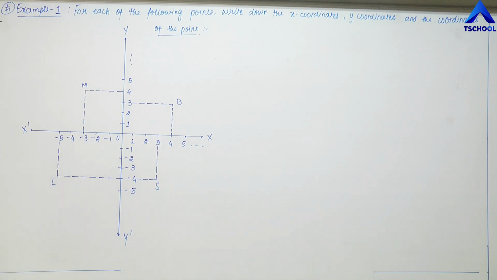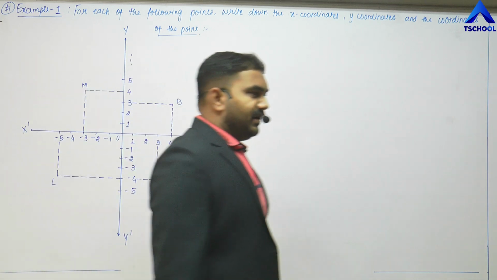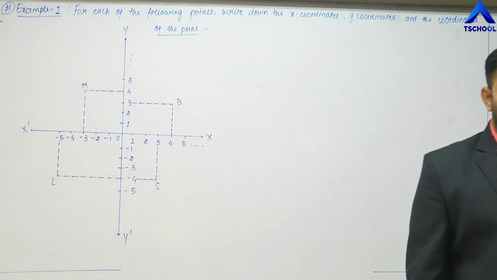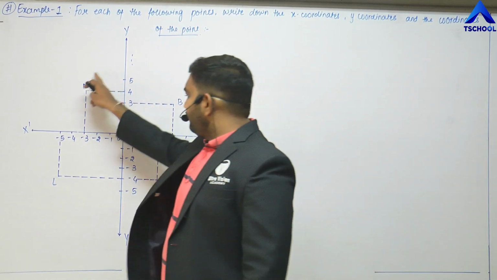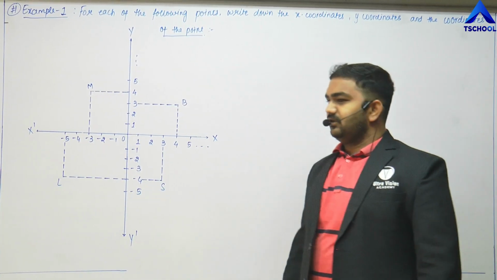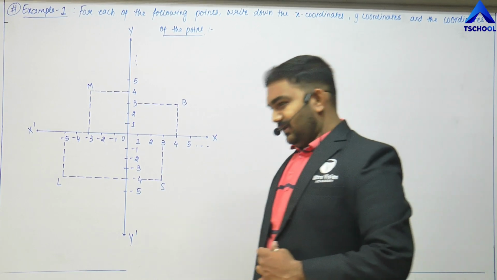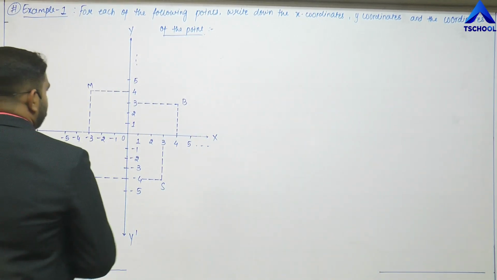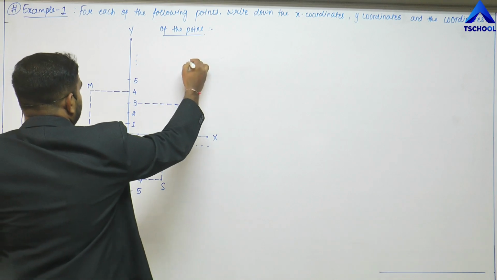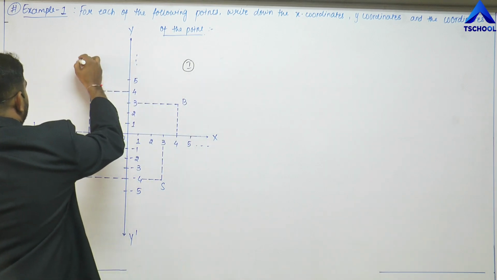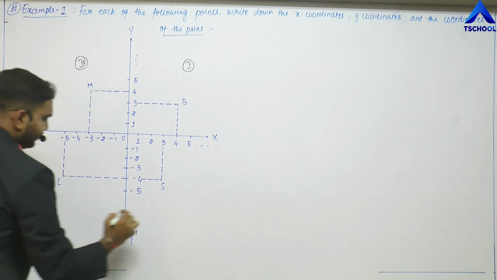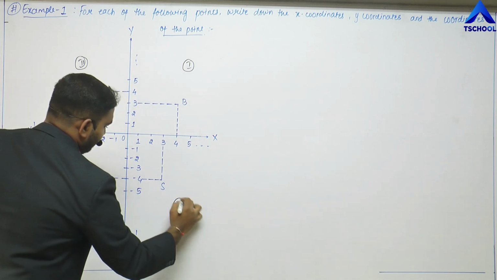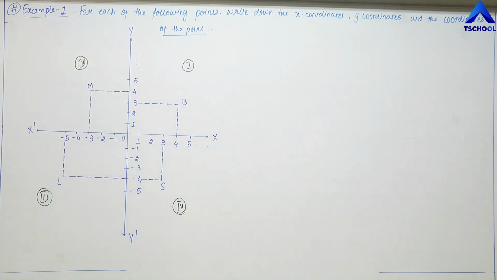A graph is drawn on the board, and it shows you the Cartesian plane, containing 4 points. All the 4 points are in the quadrants. The first one is in the first quadrant, the second in the second quadrant, the third in the third quadrant, and the fourth in the fourth quadrant.